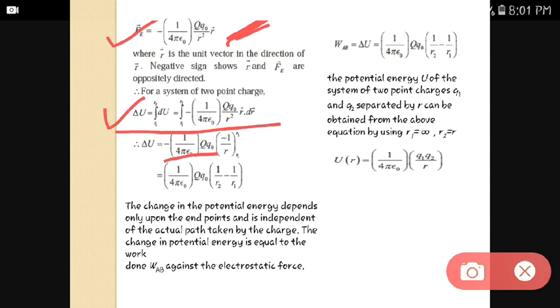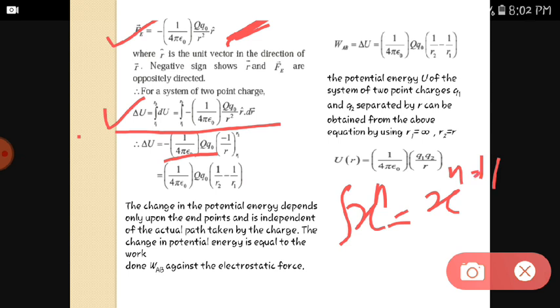And what is the integration of the basic formula? The integration of x raised to n is x raised to n plus 1 divided by n plus 1.